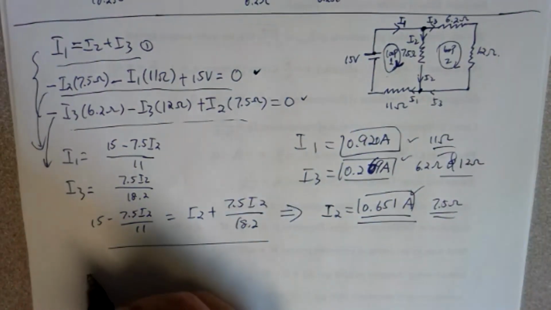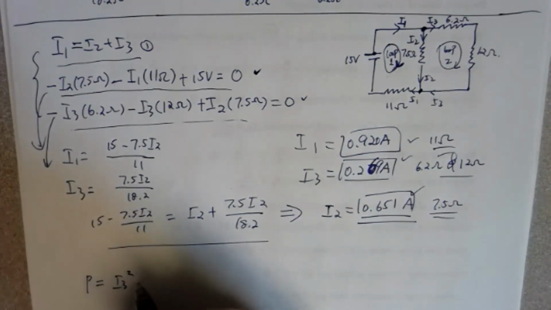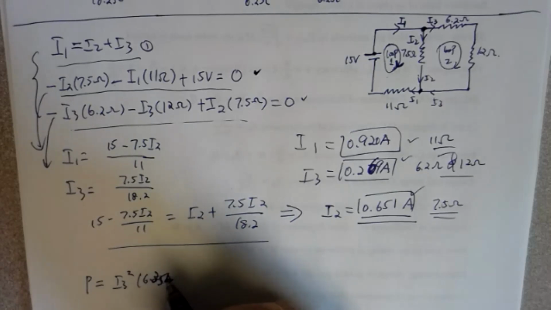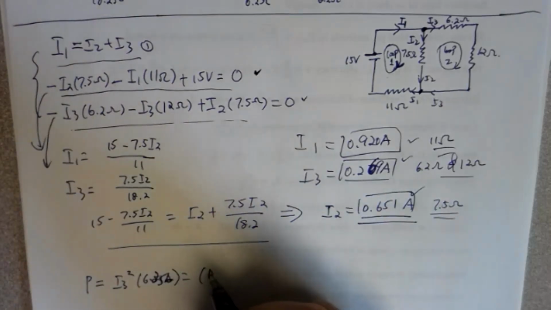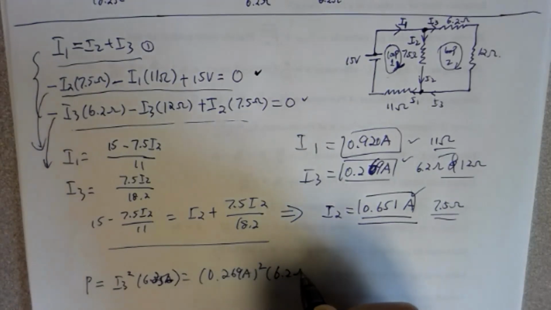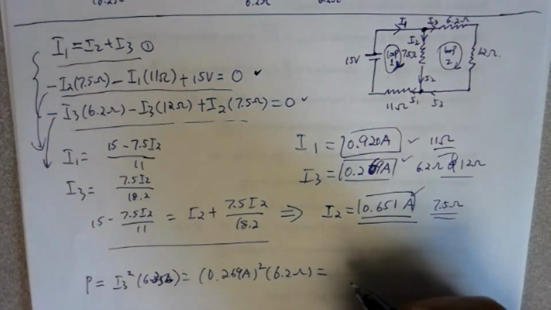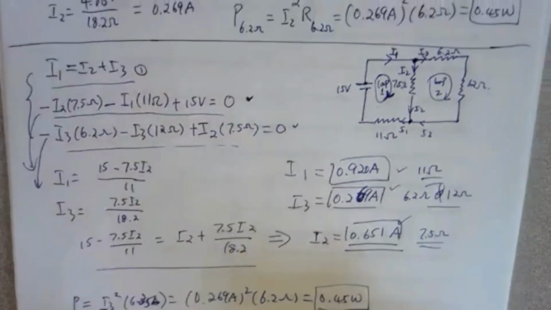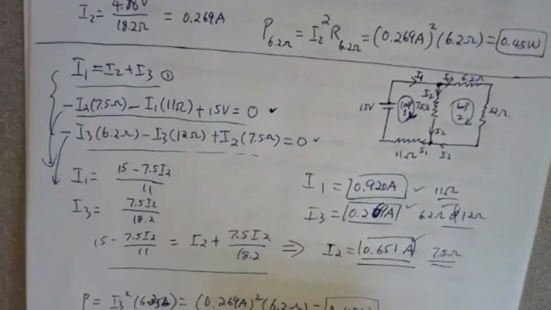And the power consumption for the 6.2 ohms will be I3 squared times 6.2 ohms. So 0.269 amps squared times 6.2 ohms would be equal to 0.45, just as what we had earlier, if you look up there.